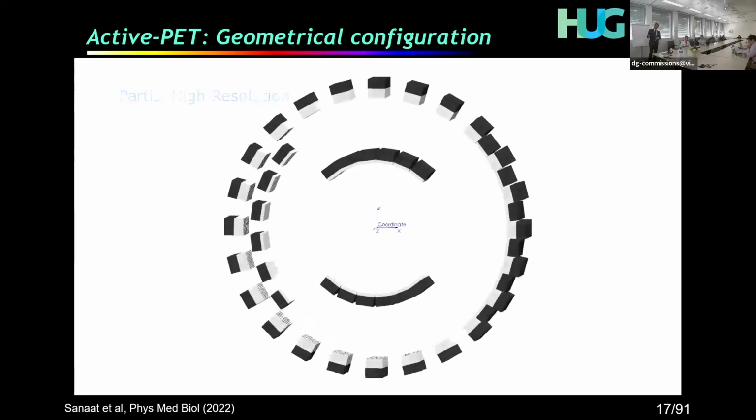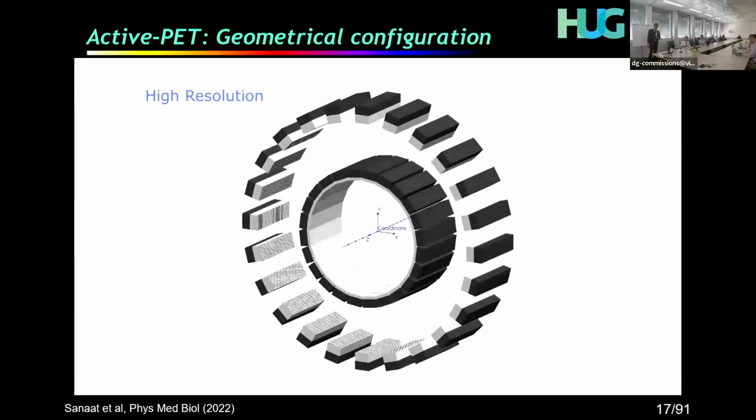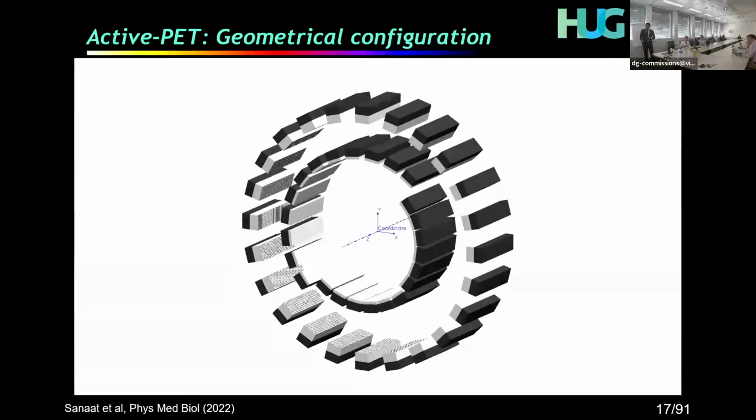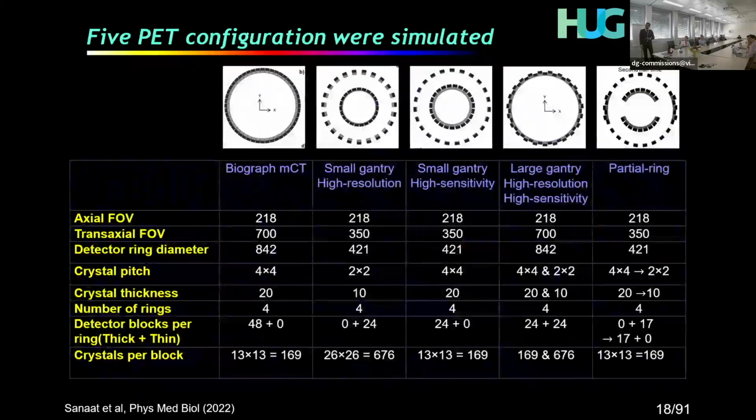And the same can happen with the low thickness crystals. So to compare the performance of our scanner with the conventional scanner, we simulated the Biograph Vision, and we compared the performance of these different configurations with the Biograph Vision.